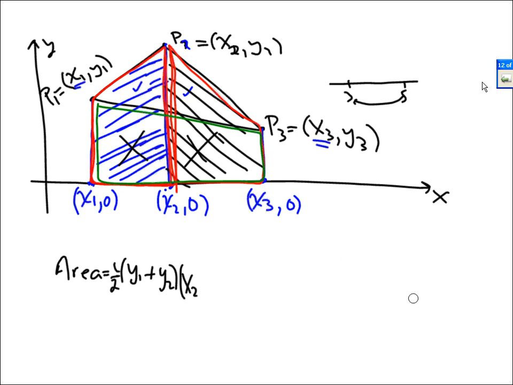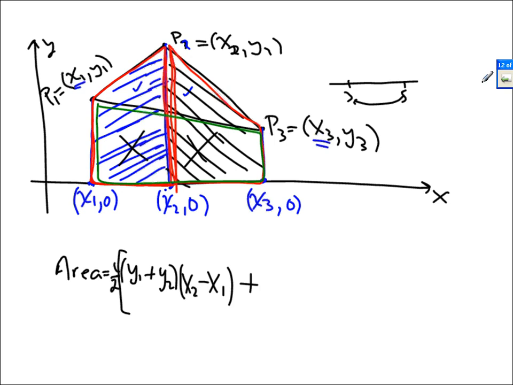Now, all the trapezoids, the formula has a half. And that half, I'm going to factor all the way in front. I'll factor the half way in front by just putting parentheses after the half. And the height, like I said, was x2 minus x1.